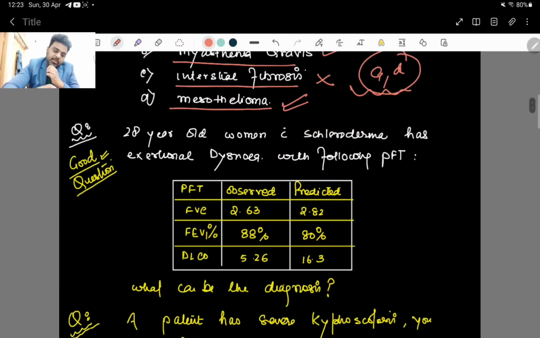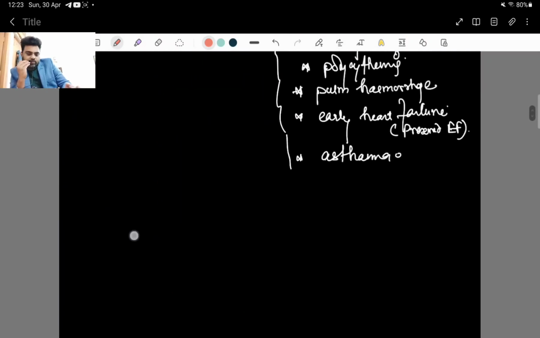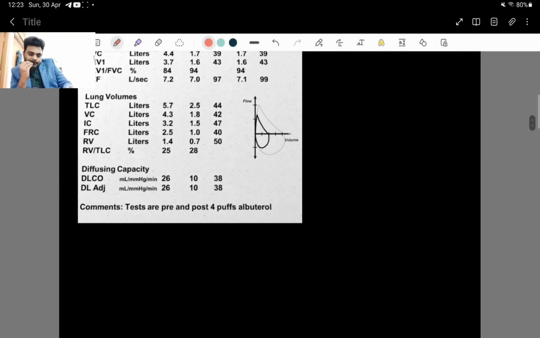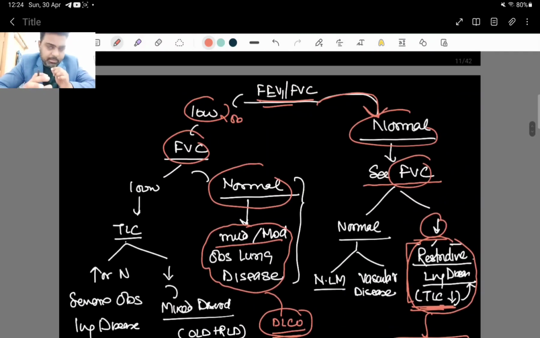Okay. Now coming to the next question. This is a very good question. Now before coming to this question, I'll tell you something here again. I am again and again coming back to this algorithm because if you understand this, you can solve and reach the diagnosis in your day-to-day practice.